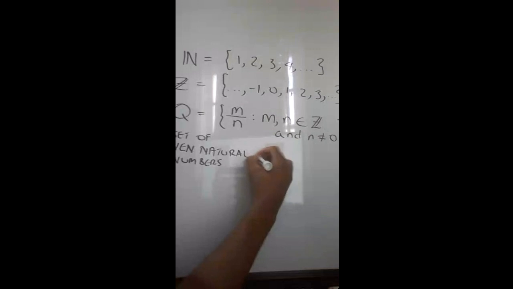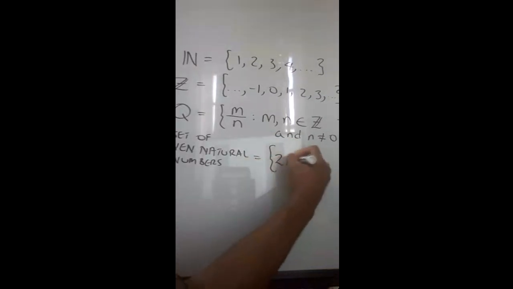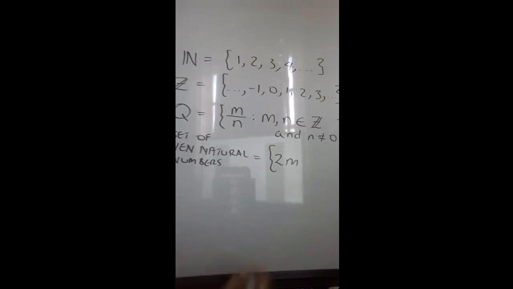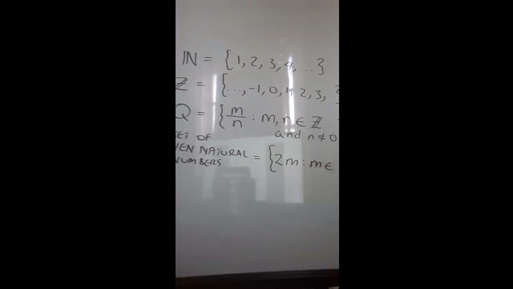All right, and this is denoted with this set here. So it's going to be 2 times m. And let me ask you one more time: which set does the m come from? That's kind of a giveaway. We have 3 sets mentioned so far. Which one of them do you think the m comes from?